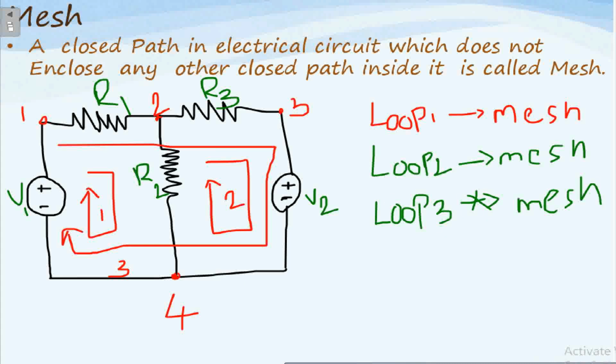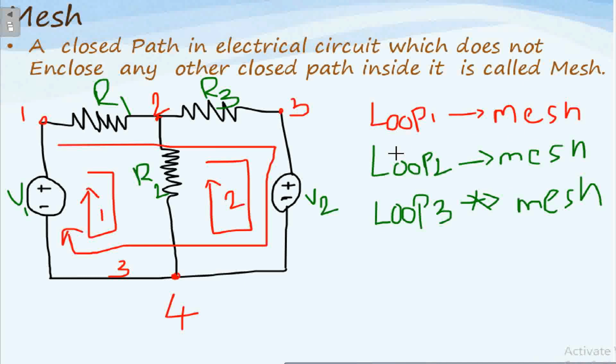So in this circuit, how many loops are there? Totally 3 loops and 2 meshes. From this we can conclude that all meshes are loops, but all loops are not meshes. Got my point?